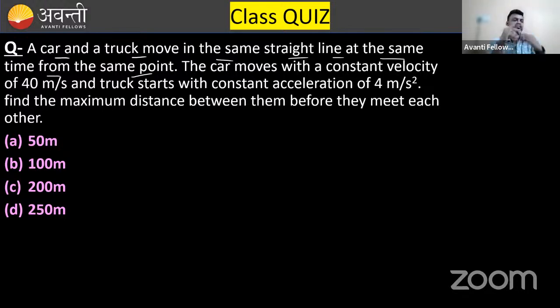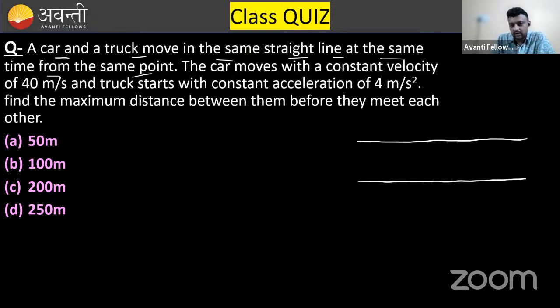That means let's suppose this is the road, and on this road there is a car, and there is a truck. They both start at the same time in the same direction.